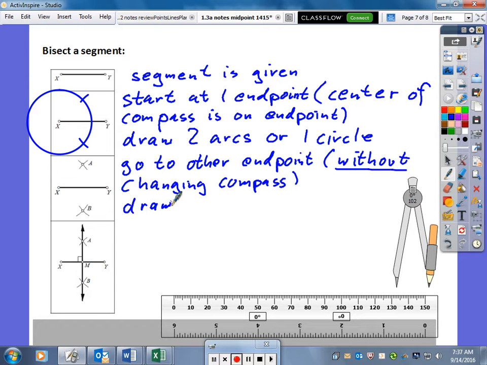And we drew another two arcs, or you can also make it a circle. So I made it a circle the first time around and two arcs the second time. And as I said, that's totally up to you. But the important point is that you have to have two intersections.